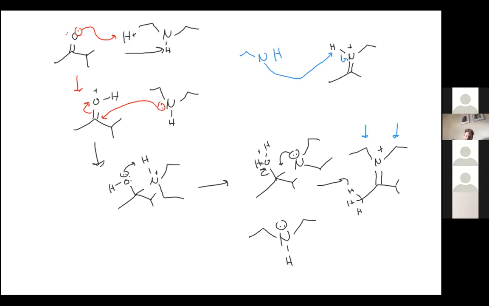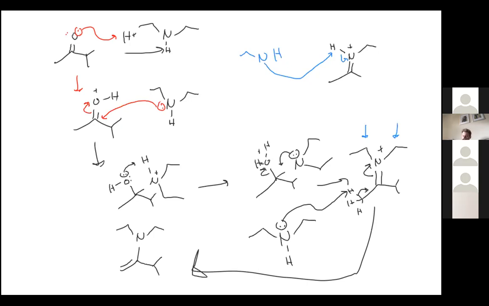So if we pull off this proton here, we can make a new double bond, kick the current one out to the nitrogen, in order to make what's referred to as an enamine. I'll give you guys a second to finish writing this down.